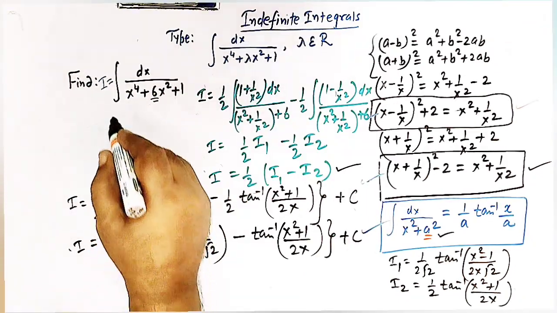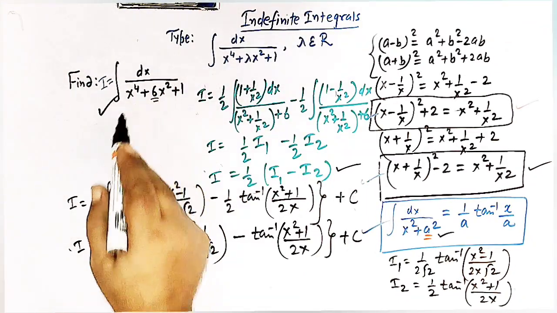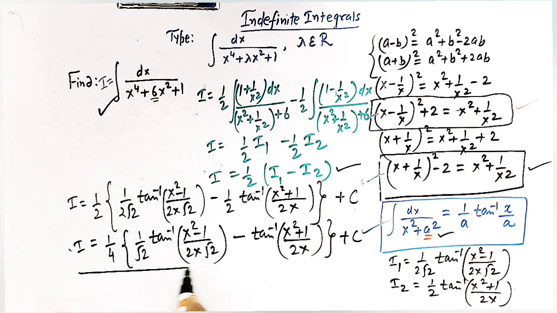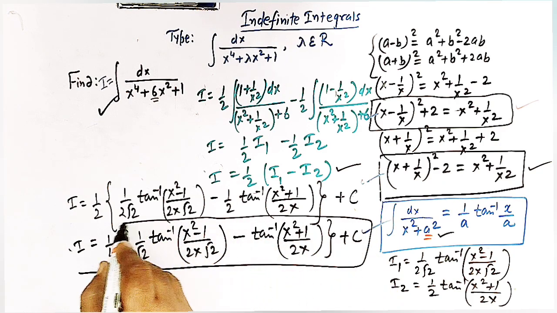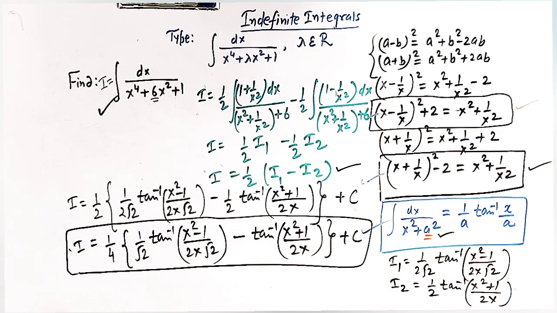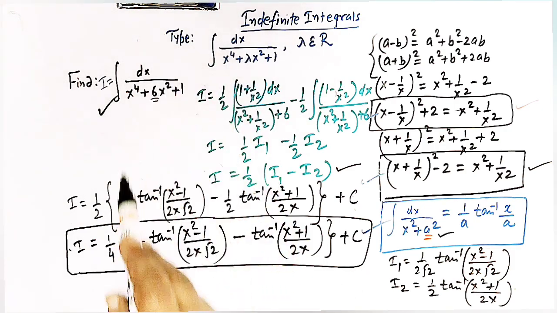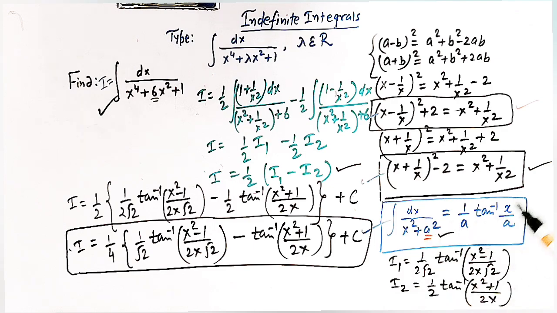So viewers, the value of this integral is given by this expression, right? And here we have seen that we can easily solve these kind of indefinite integrals by using the application of these three results along with the method of integration by substitution.